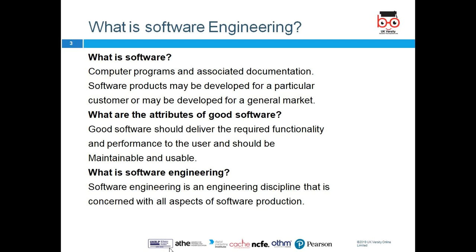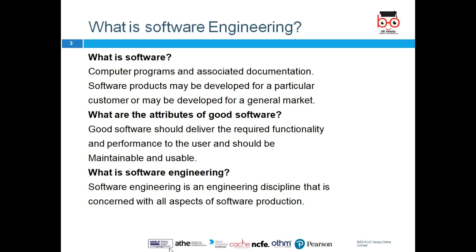Now, software engineering itself is an engineering discipline. This field has also been added into engineering universities. Civil engineering, electrical engineering, mechanical engineering and a few more are called disciplines of engineering.